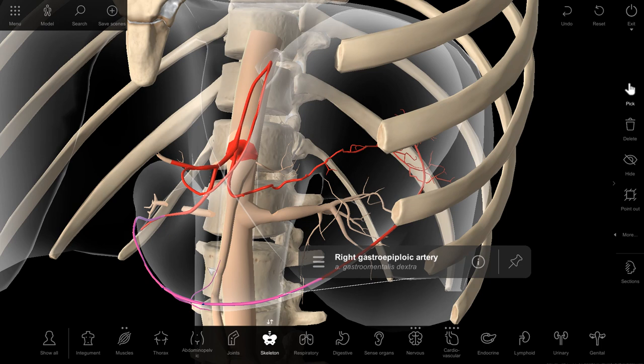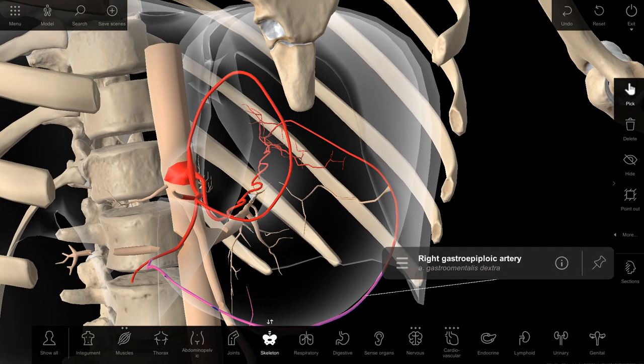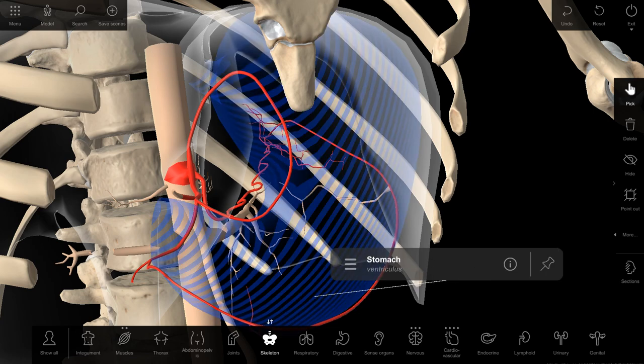So here there is a ring, arterial ring, on curvatura ventriculi major, and also we have ring on curvatura ventriculi minor.